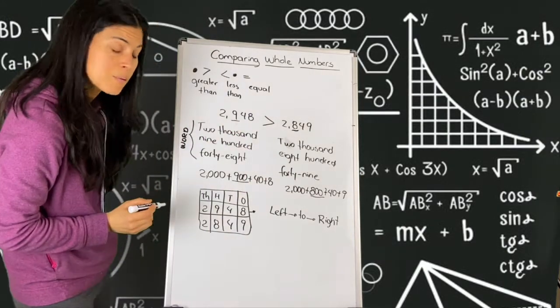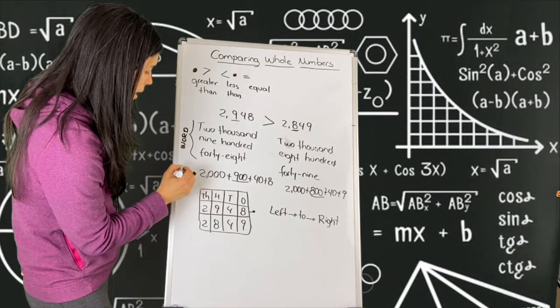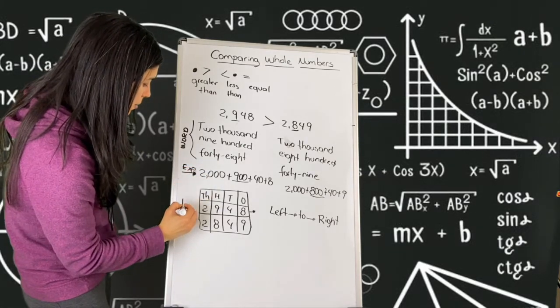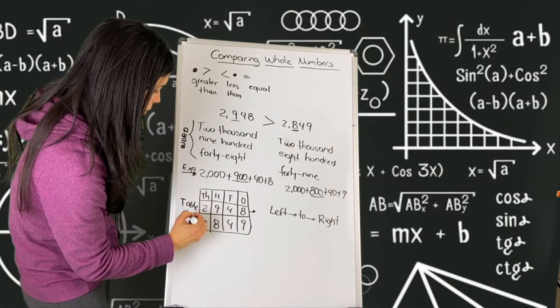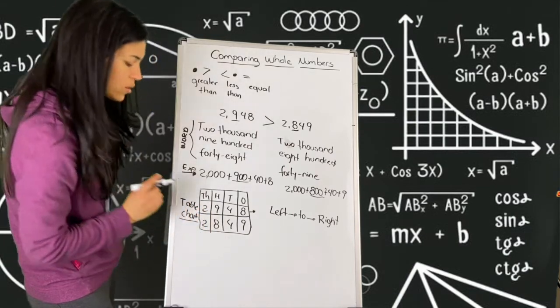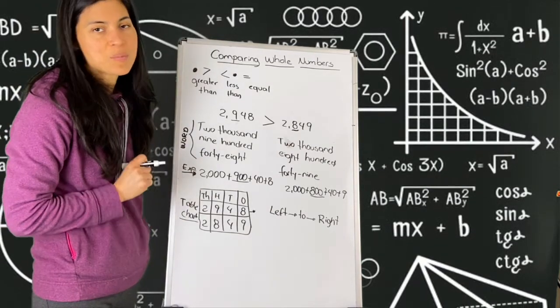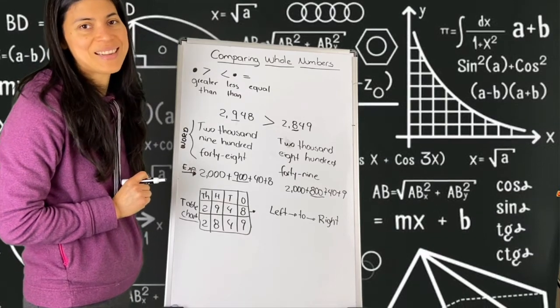And then it will ask you to write it in the expanded form. This is the expanded form, and this is the table chart, which you also have an example with. The last part of the worksheet is some word problems that you need to read and decide which number is the greater.